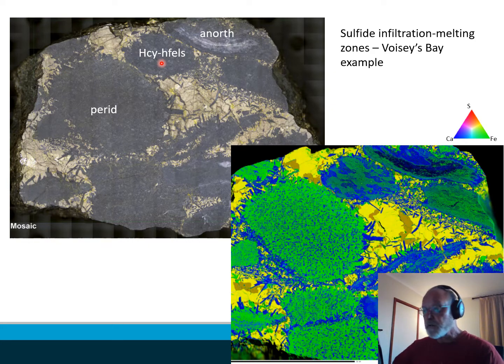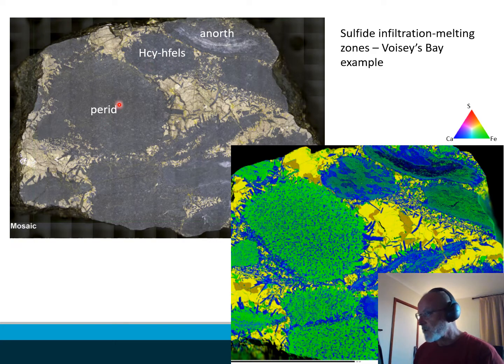Now that's a very unusual mineral assemblage, and what that tells you is that this is the residue of a piece of country rock which has been partially melted and had most of the melt taken away from it, and all that's left behind is this really refractory material, very, very high temperature material, which just simply couldn't be melted any longer. So effectively these things are like furnace bricks, and these were either being carried around in the sulfide or they were being carried around in a silicate melt, which was then displaced by sulfide.